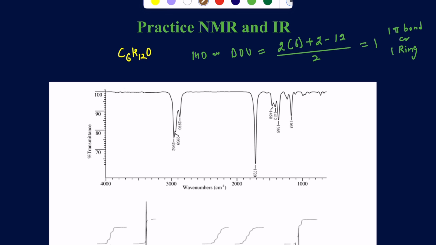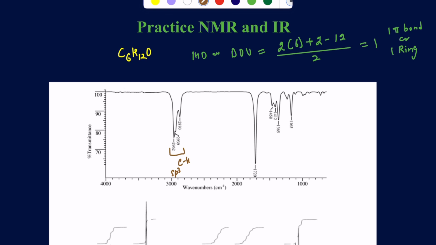So remember, the IR primarily tells you what the functional group is going to be. Starting from the left side, I do see some signals right below 3000. Those are going to be your carbon hydrogen stretches, but that carbon is an sp3 carbon.